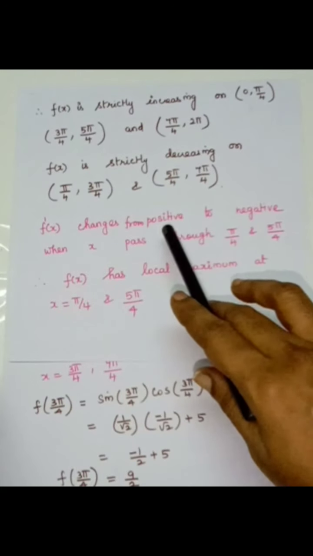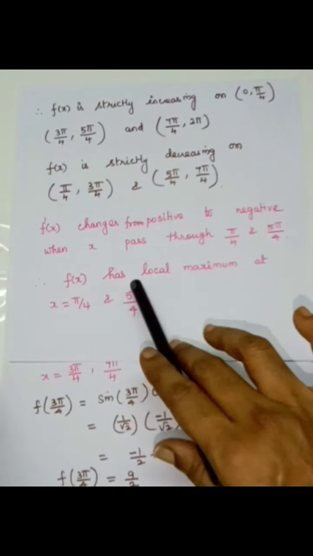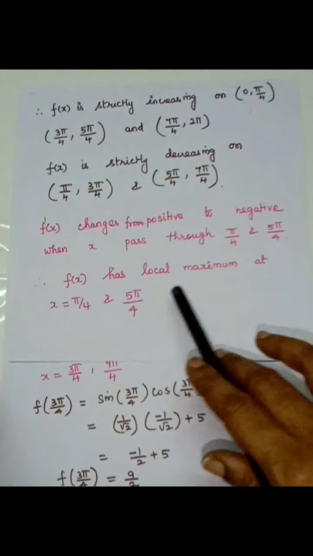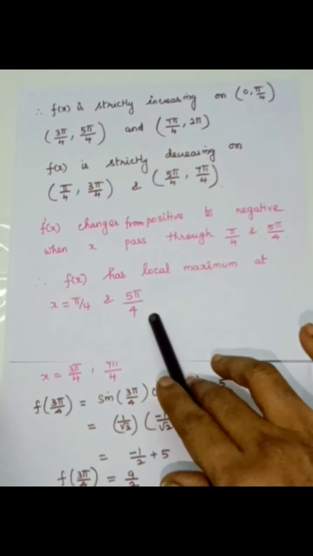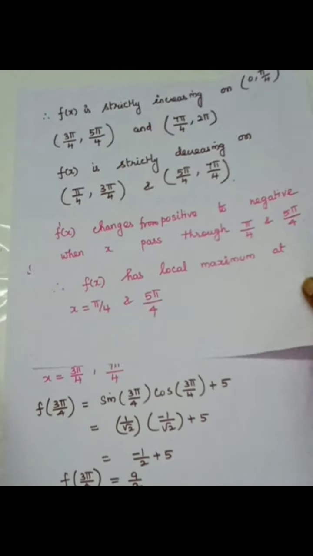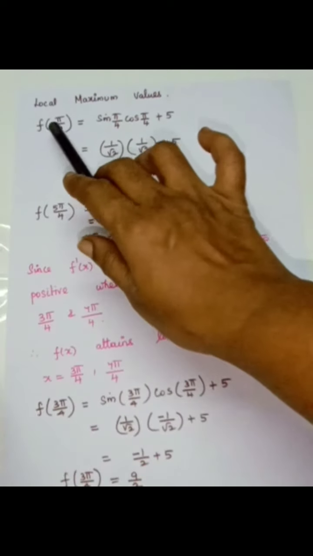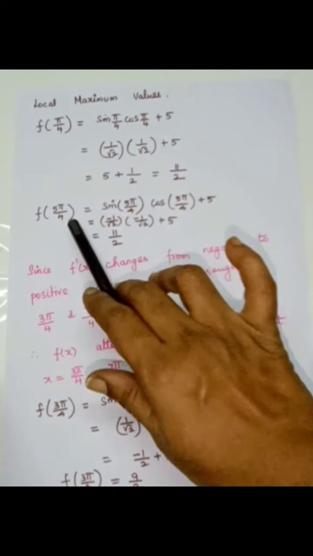If it changes positive to negative, it means your f of x has local maximum at these 2 points. So we have to find the local maximum values. So we have to substitute f of pi by 4 and f of 5 pi by 4.